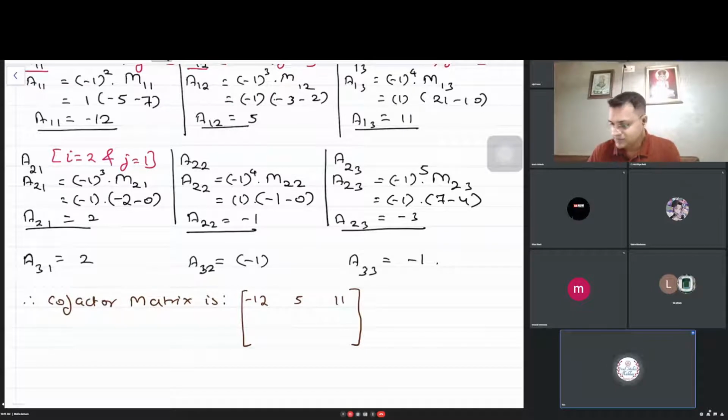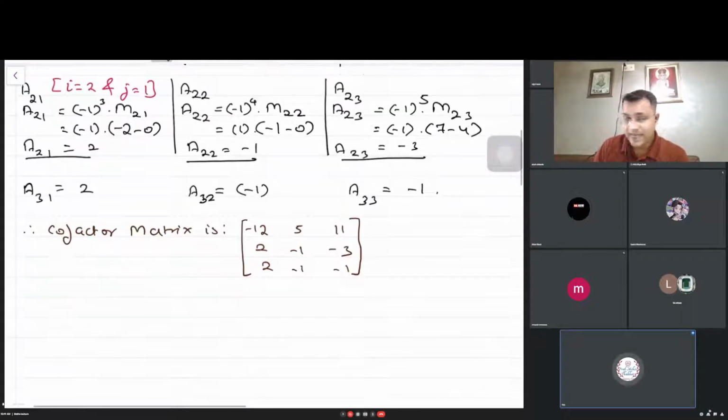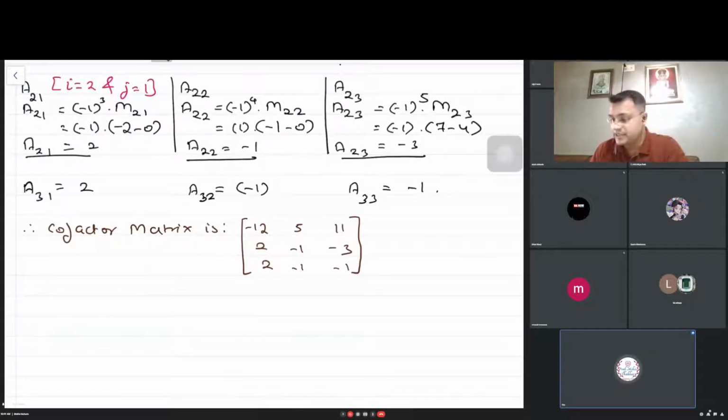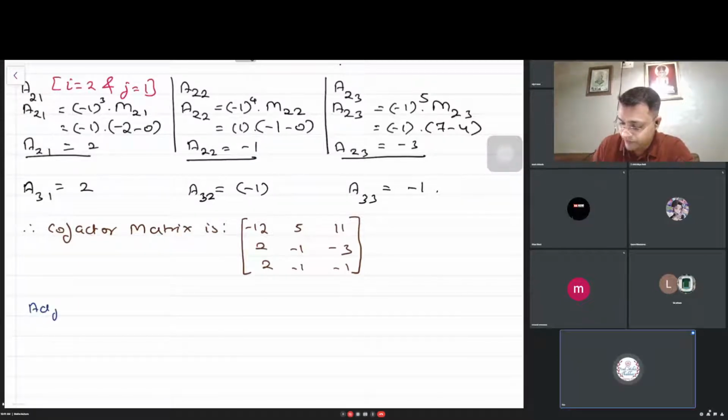Okay, so it's a best idea to do it like this: minus 1 and minus 3, 2 minus 1 and minus 1. So that's your cofactor matrix. If you remember from the previous class, I had told you that the adjoint of a matrix is nothing but the transpose of the cofactor matrix.